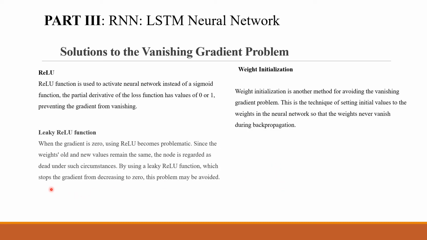The leaky ReLU function comes into play when we need to stop the gradient from decreasing to zero, because the ReLU function becomes problematic when that occurs. By using the leaky ReLU function, it stops the gradient from decreasing to zero and the problem is avoided. The next method for avoiding the vanishing gradient problem is weight initialization, which is a technique of setting initial values to the weights in the neural network so that the weights never vanish during backpropagation.